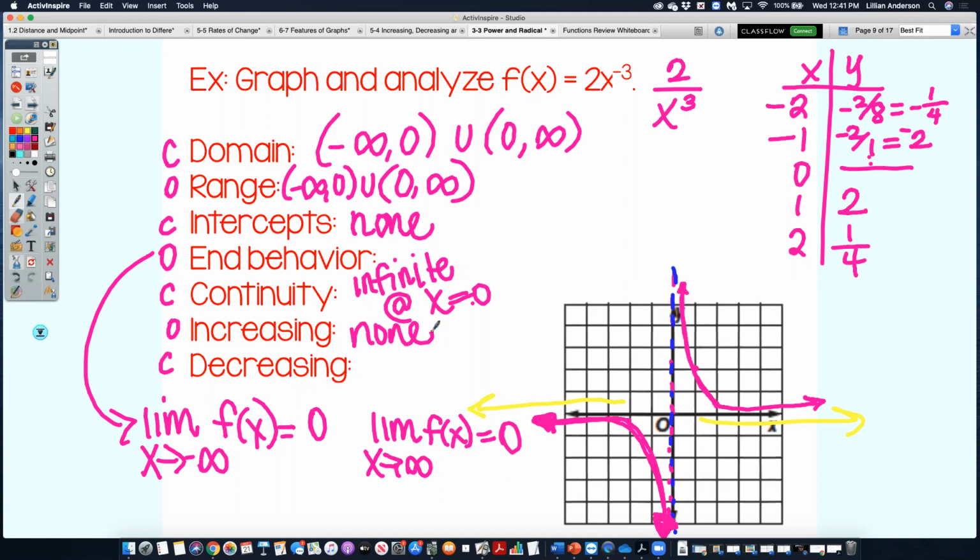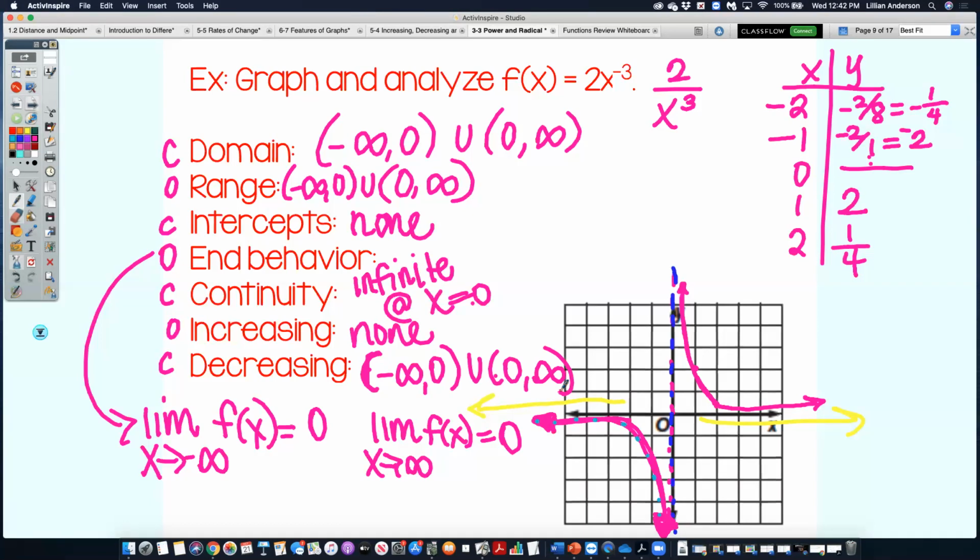Okay, help her out, Anna. So from negative infinity to 0, that's from all the way over here, the graph is decreasing, with parentheses everywhere. And then it's also decreasing from 0 to infinity, because remember we have to pick up our pencil and then continue to trace over our graph, and it's still in a downward motion.